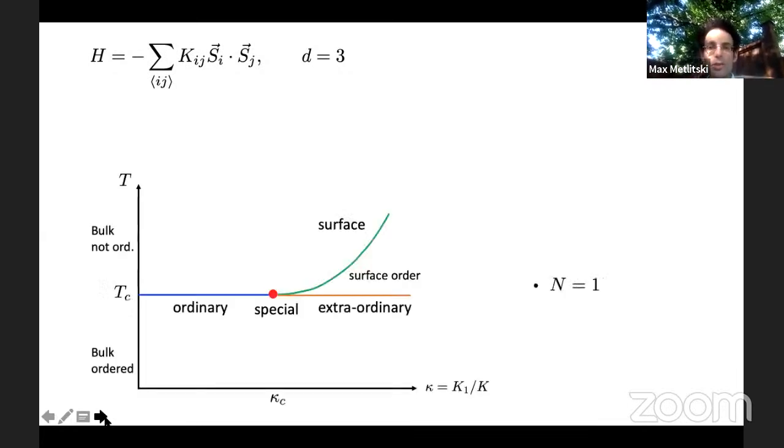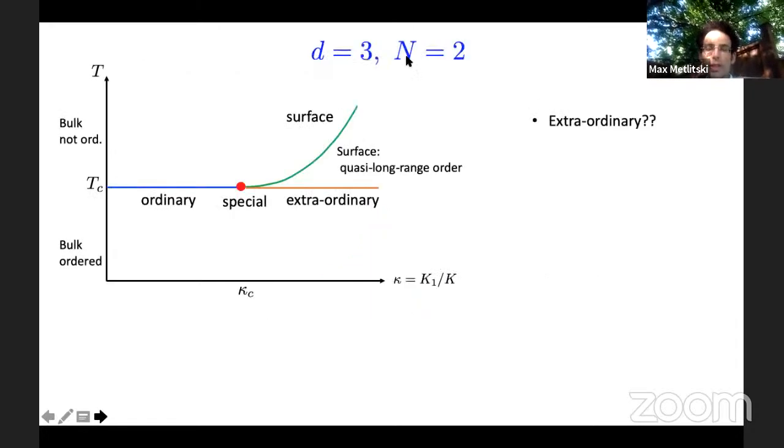First of all, if we are dealing with Ising spins, n equal to 1, then the story is exactly the same: same topology of the phase diagram, same universality classes. But the physics becomes more interesting for the case of xy spins, so n equal to 2, the O(2) model. If bulk dimension d is equal to 3, then surface dimension is equal to 2.